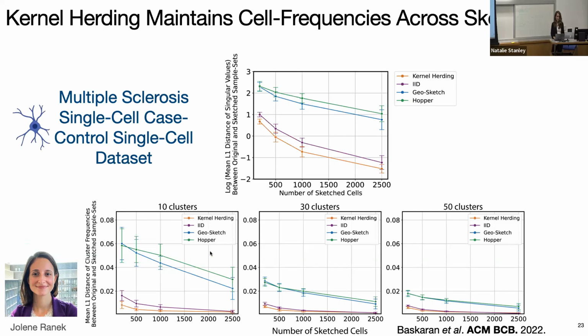And you can see that we also do well in orange at preserving the frequencies the best, as indicated by lower L1 distances here. So this is really nice. Oh, and this, I forgot to mention, was on a single cell RNA-seq data set where we have patients with multiple sclerosis and control patients.